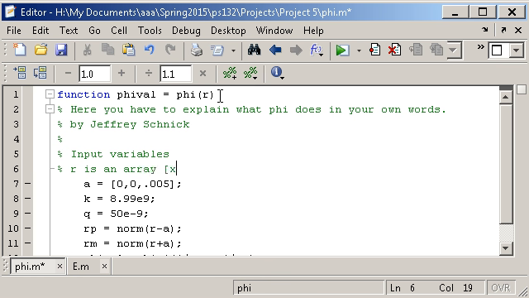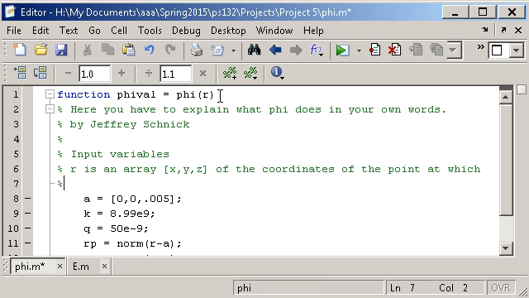Call it X, Y, Z of the position of the coordinates of the point at which we wish to find the electric potential, or the value of the electric potential.